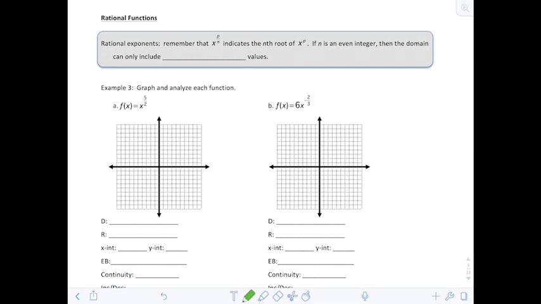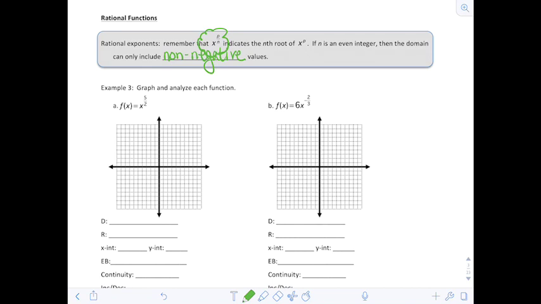So remember that x raised to the p over n power, we've kind of broken this down previously. This means the nth root of x to the p power. If n is an even integer, then the domain can only include non-negative values, and I would say positive, but 0 is also included.